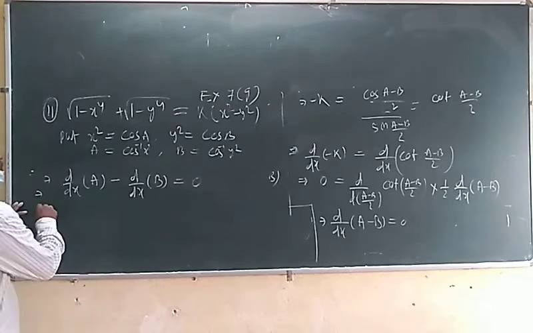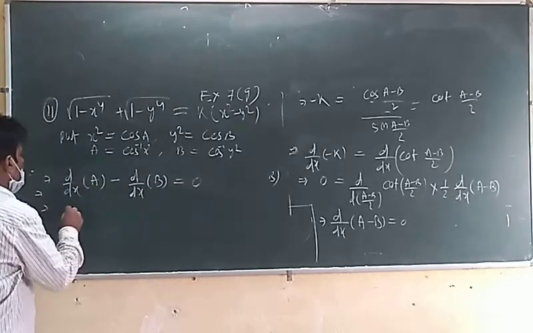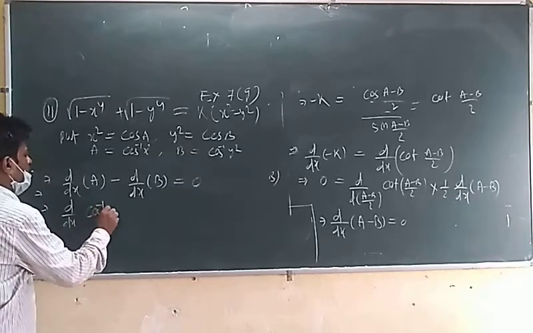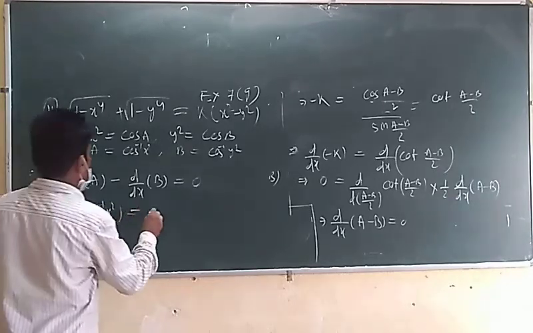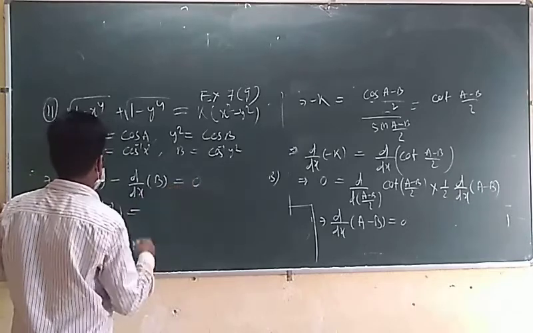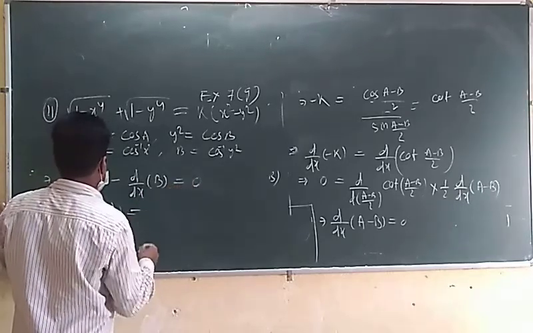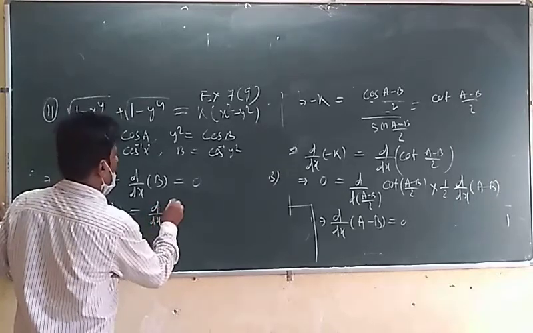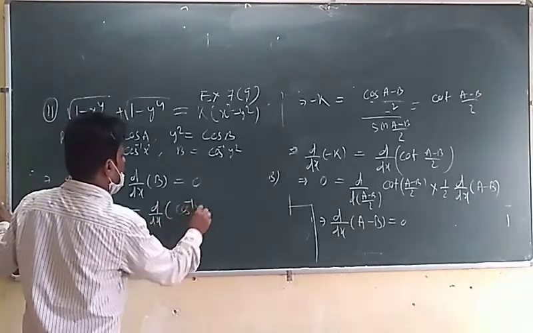Now put the value of A equal to cos inverse x square: d by dx of cos inverse x square is equal to, minus going to the right side, the sign changes from minus to plus, d by dx of cos inverse y square.